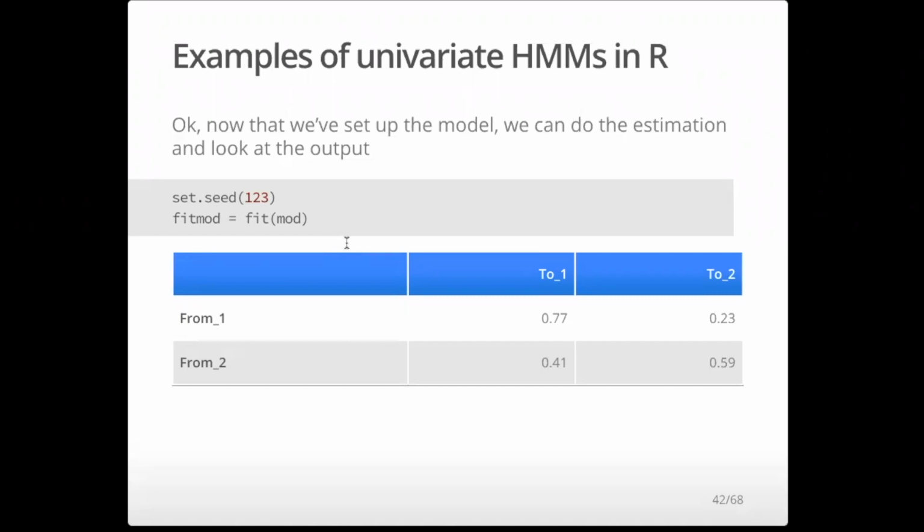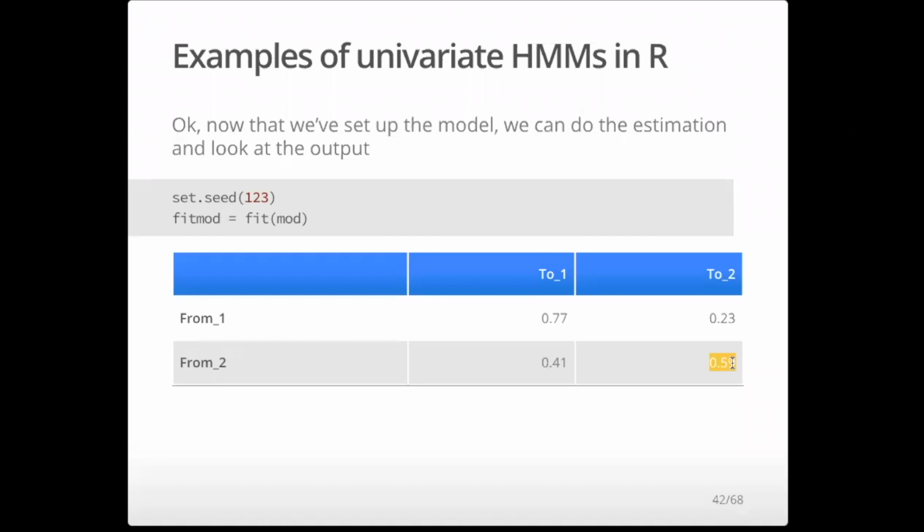When we fit this model, and all the code for fitting the model was hidden on the slide, it's just this fit function, and this is what we get as output. The probability of transitioning from state 1 to state 1 is 77%, and vice versa, it's 59% in state 2. State 1 here was not raining, state 2 was raining.